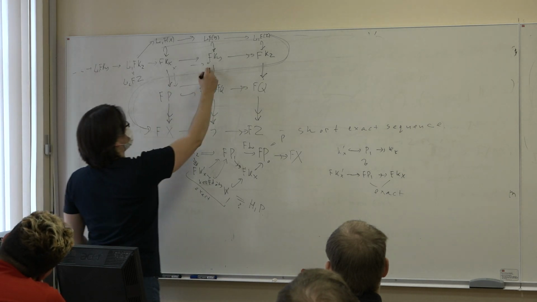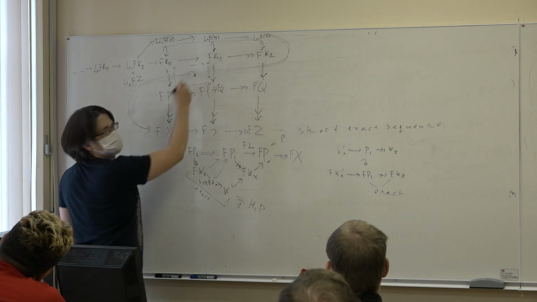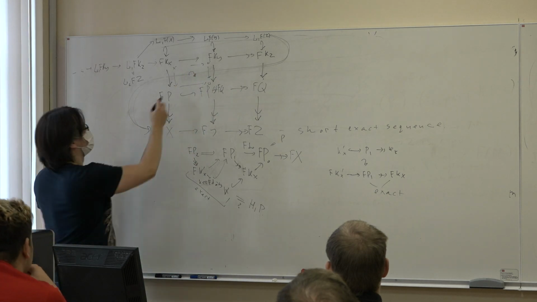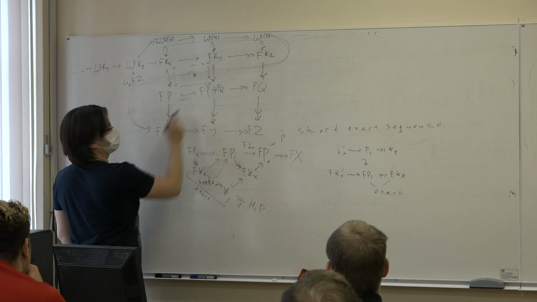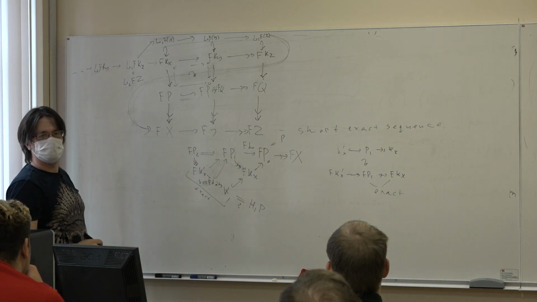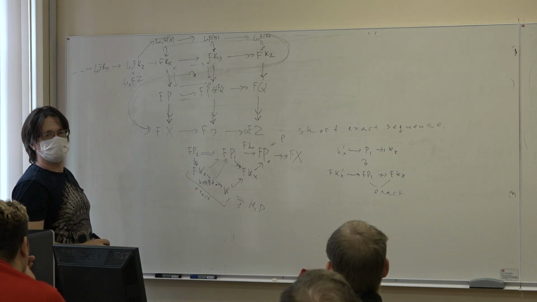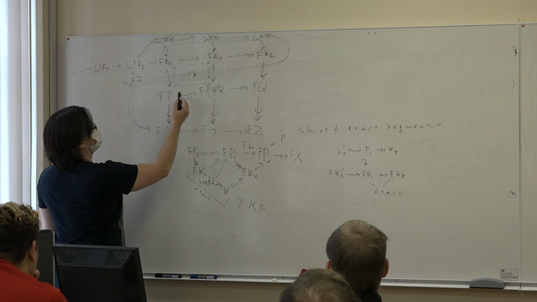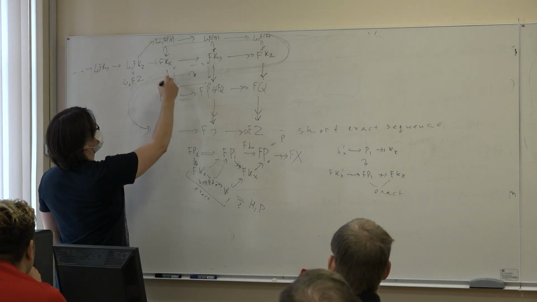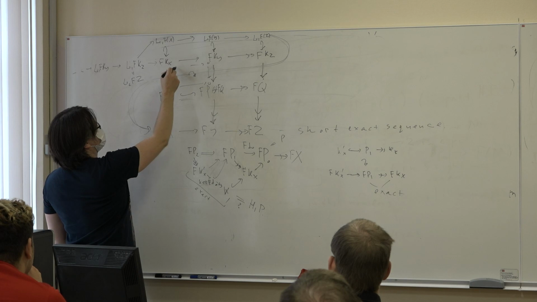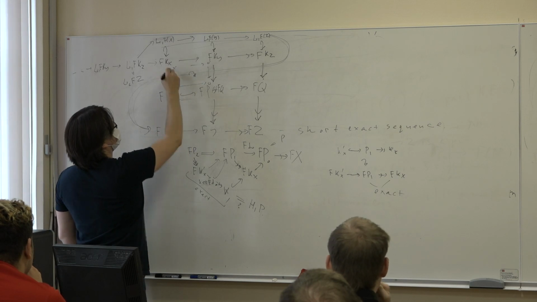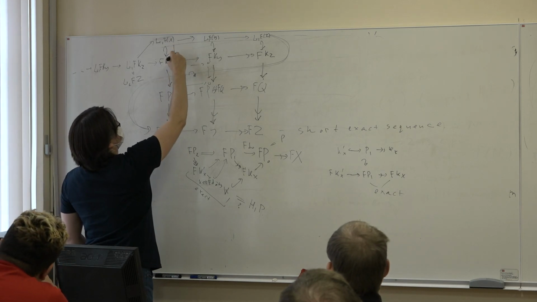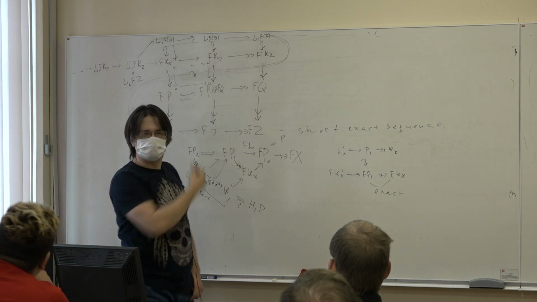Because this composition is equal to this composition. But this map is a monomorphism. So x lies in the kernel of this map. And then it has a preimage there because it's a kernel.